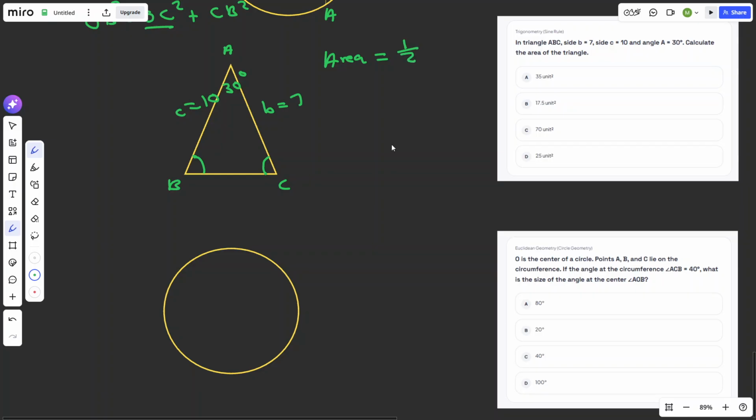If you are given 2 sides, we've got AC and AB. What we do is use the standard formula, half times the two sides, and we multiply by sine of A.